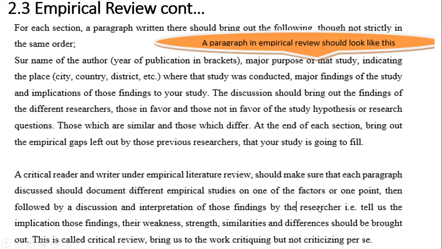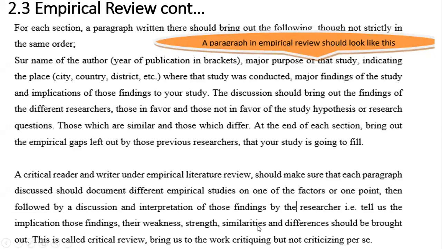For example, what do those findings mean? What are their implications? What else do those findings not answer? That is, what are their weaknesses?